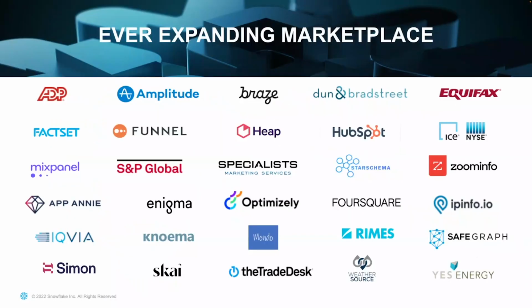And we see that by our ever-expanding marketplace. So these are all companies that list their data directly on our marketplace today. What's cool is everything from ADP, FactSet, Heap, HubSpot, ZoomInfo, Equifax, and others. So really cool to see the growing usage of the Snowflake Data Marketplace, both as providers, but also for consumers of data to be able to get and access that data directly within their own Snowflake environment.